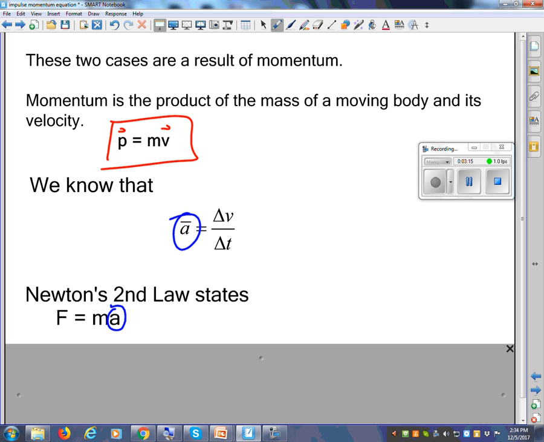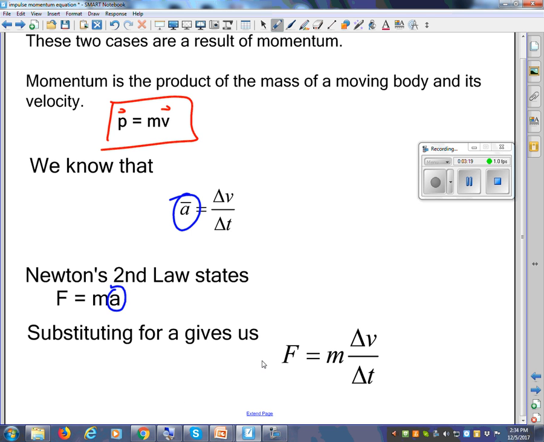Yes, they are. So we get F equals m, and instead of a, we write m delta v over delta t. All I've done is plug that delta v over delta t in there.